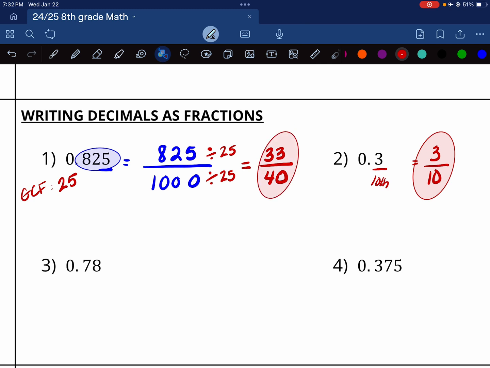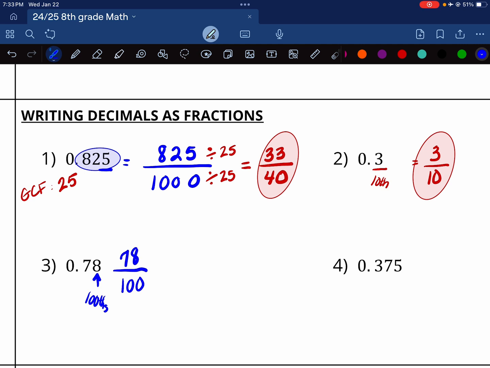Now I would like you to go ahead and try the next one, thinking about the place setting of the last number. Yes, this is the hundredths place, so we have 100, and we put the 78 on top.